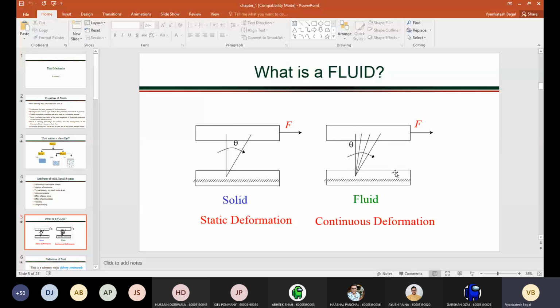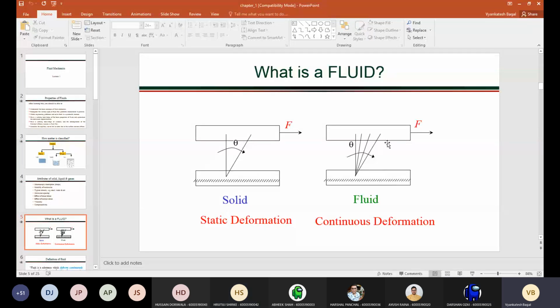In the same way, the top layer in direct contact with the moving plate will also adhere to it and will acquire the same velocity as the plate. This is your second observation.